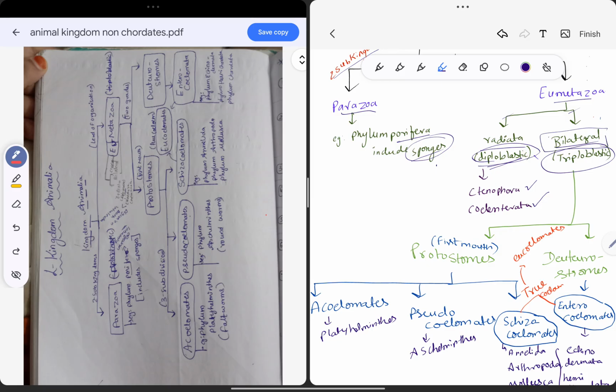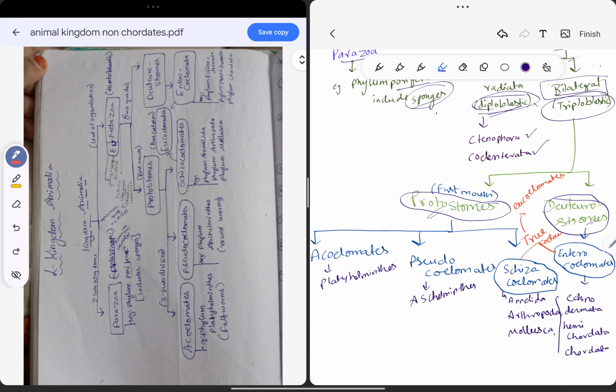In the bilaterals, you will again have two groups: protostomes and deuterostomes. In protostomes, the mouth is formed first. In protostomes, you have three types: acoelomates, pseudocoelomates and schizocoelomates.